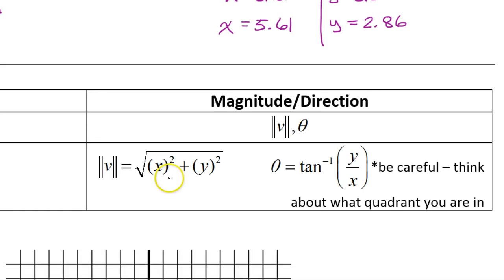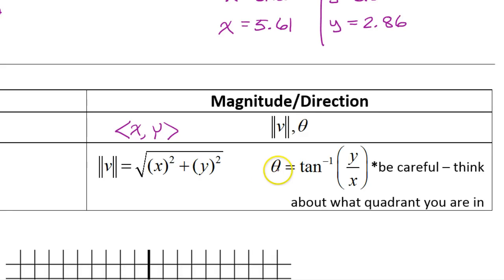Now, in previous videos, we have also discussed if I need to find the magnitude of a vector and I'm given the component form, this is how I can find the magnitude, the square root of x squared plus y squared.